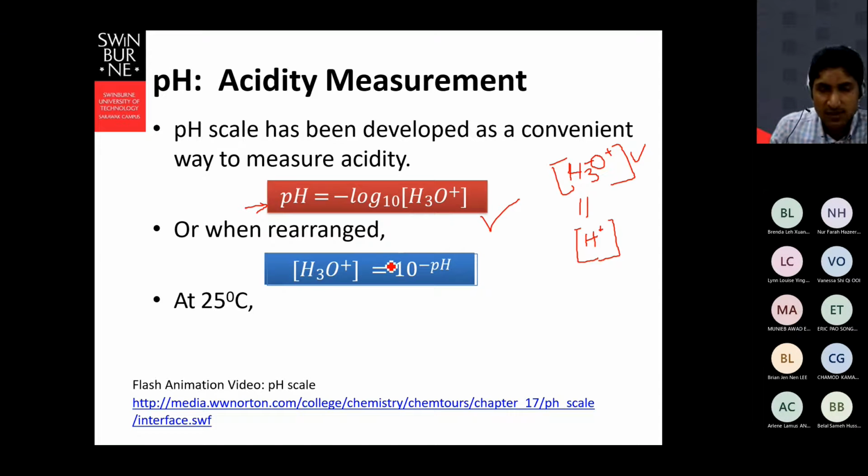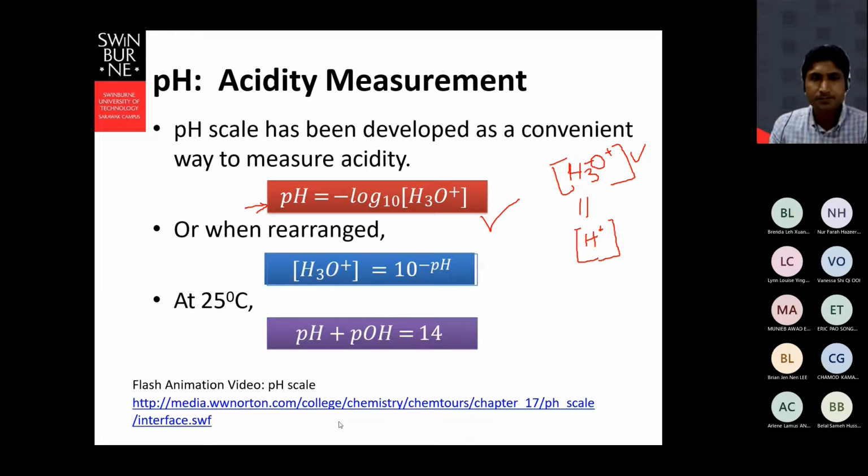What will be the hydrogen ion concentration in the solution, or how many moles of hydrogen ion are in the solution, we can also find in that way, right? Another important thing is the pH scale that I mentioned, which is from 0 to 14.